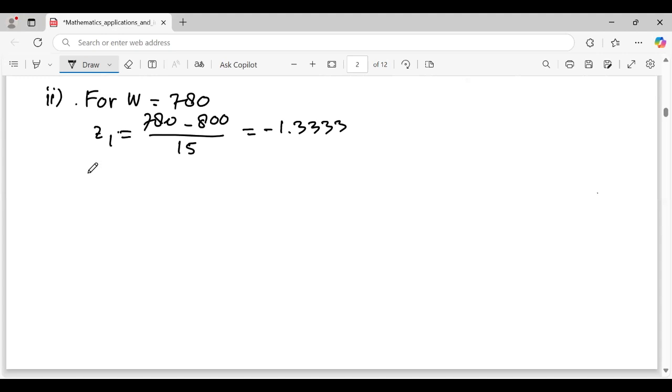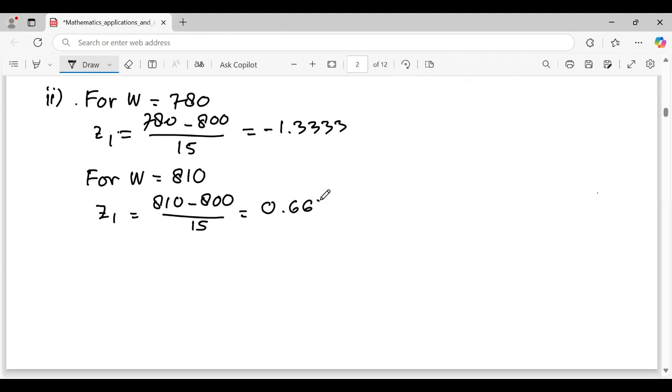For W equal 810, the z2 is 810 minus 800 over 15, and the result is 0.667.